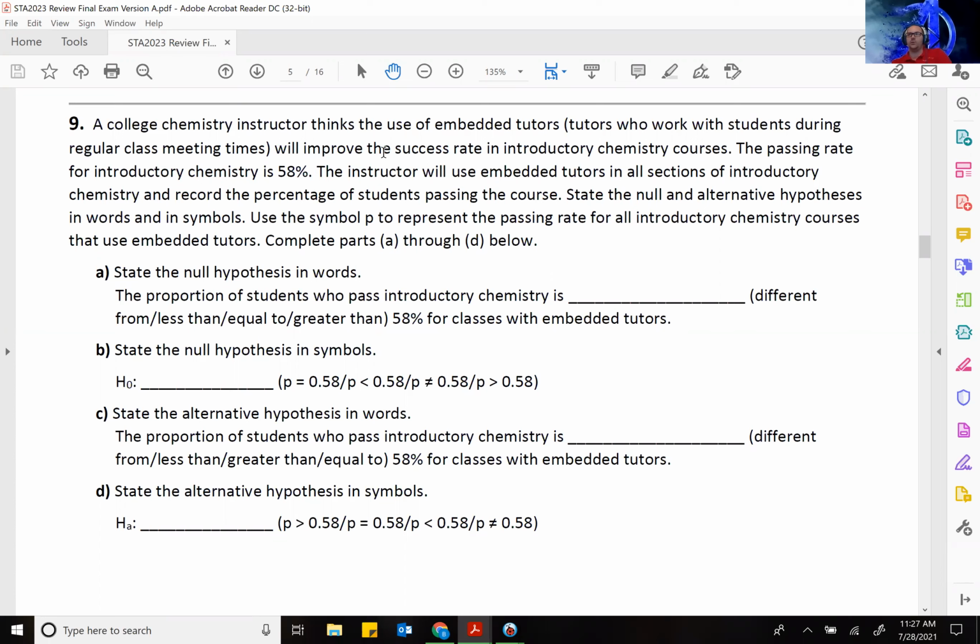He doesn't want it to go down in that first sentence. This is his hypothesis. He thinks it's going to improve, so that would mean it's going to be greater than. He is hoping to increase those results, which leads us to D. In symbols, which one is it? First one. The first one.